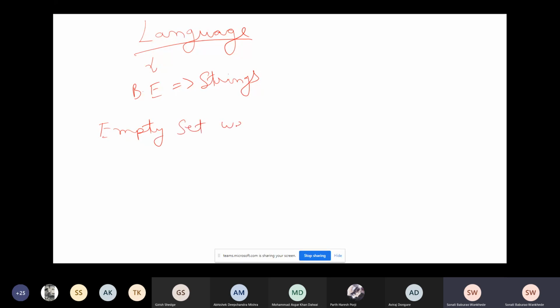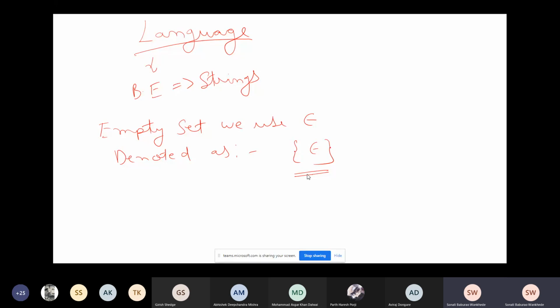We use epsilon. Epsilon indicates that it is an empty set.